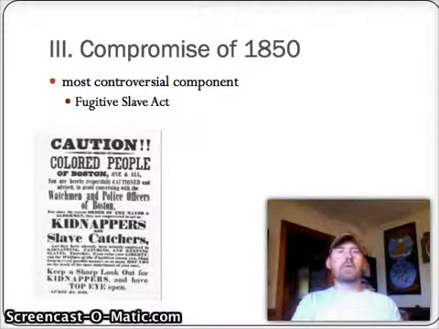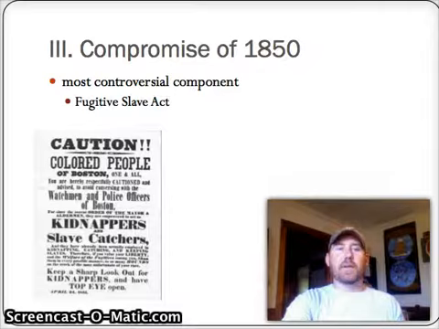We're in the midst of the Underground Railroad and all this stuff, and some Northerners were helping these guys integrate themselves into Northern society, find family connections, find some kind of work, just get them into society. Well, the Fugitive Slave Act made it illegal, or made it more illegal for them to do that by putting penalties, fines, jail time, stuff like that. So that's what really riled up the North about this compromise.